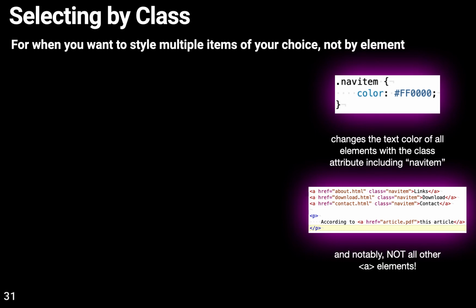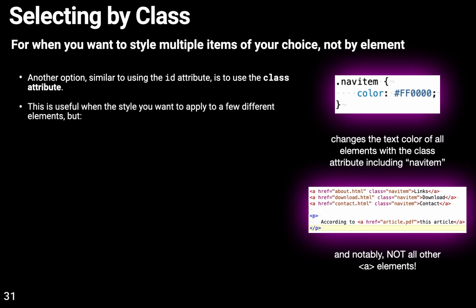Sometimes the things you want to define may not align perfectly with just an individual ID or with the existing tag names, right? Not the element names. You don't always want to style things like all paragraphs must be the same, all headers must be the same, etc. So this is a little similar to the ID attribute.